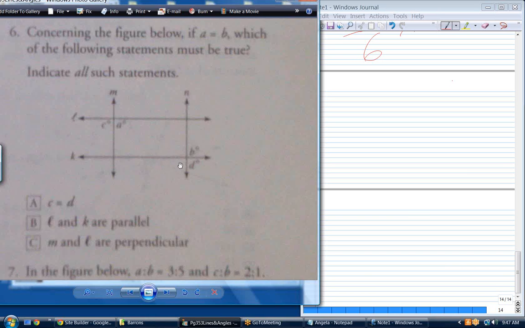That's going to keep, oh no, that wouldn't make A equal to B. Well, nothing said that L was perpendicular to M in the first place.